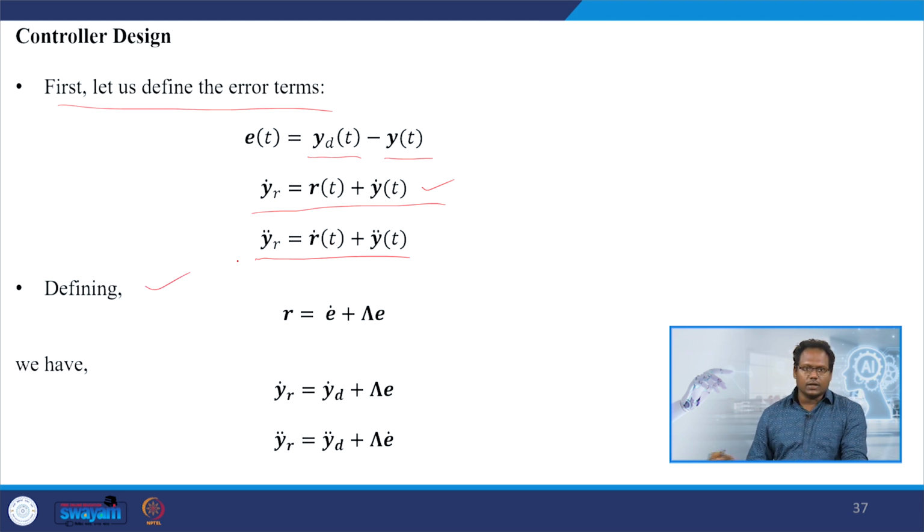Now, defining r, the filtered error given in terms of the tracking error, by r equal to E dot plus lambda E, the y_r dot expression becomes y_d dot plus lambda E. Likewise, y_r double dot is equal to y_d double dot plus lambda E dot.